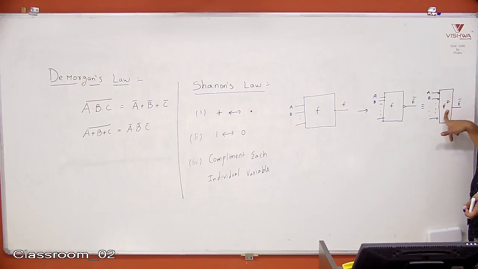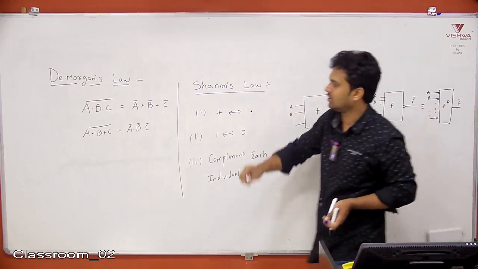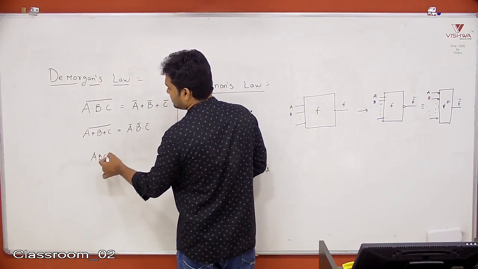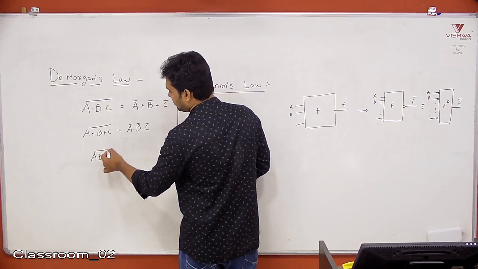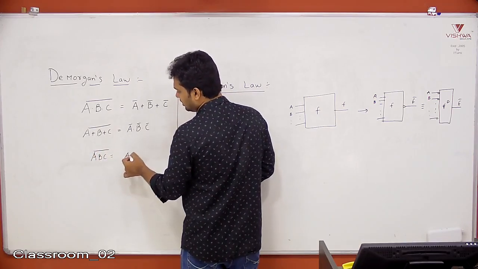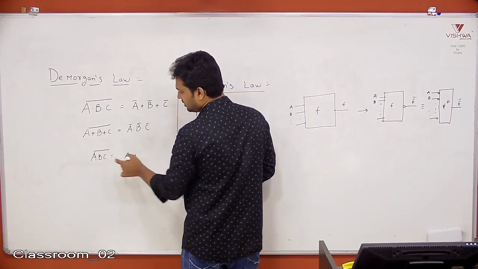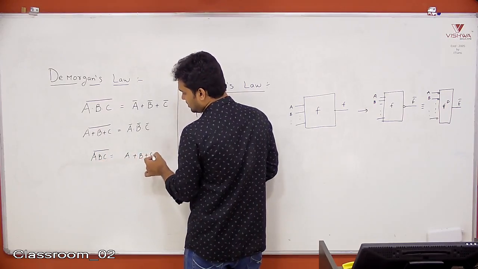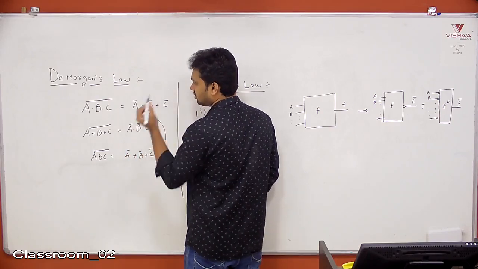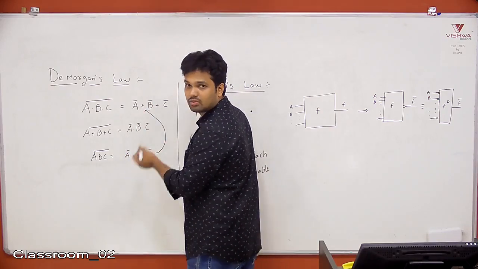Both will give you the same. The best example you can see here. A, B, C are present. If you want A, B, C whole bar, what is the dual of this? What is the dual of A, B, C? A plus B plus C, and take individual bars. Proved or not? Like that you can prove this one also.